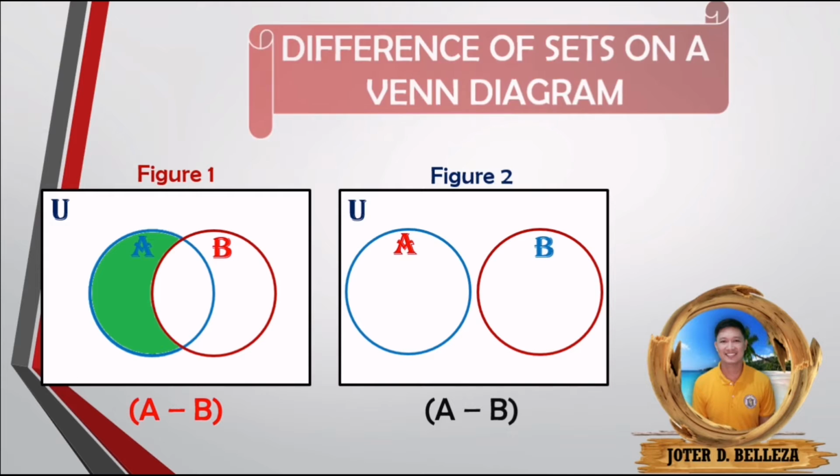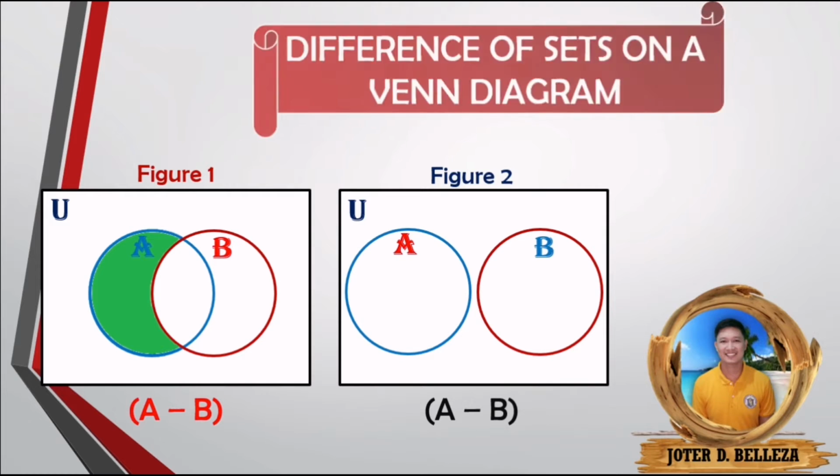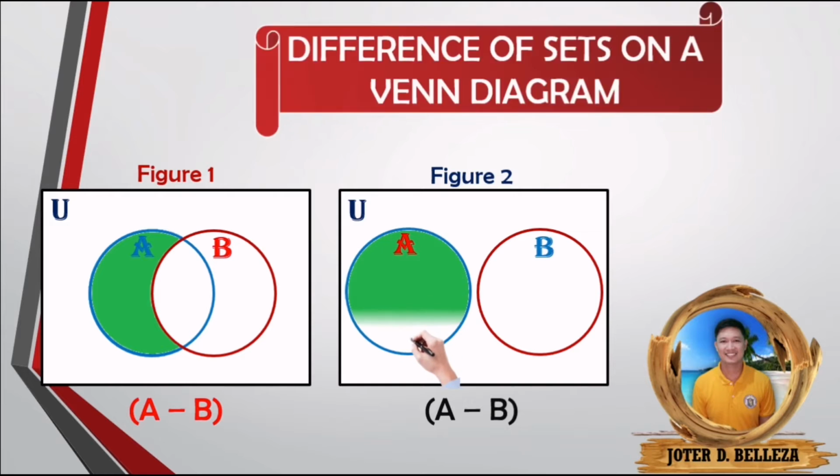To show their difference, all we have to do is to take away all elements of B that are also found in A. But since the two sets are disjoint, they don't have elements in common, so we have nothing to take away from A. So to show the difference of A and B, we just have to shade the circle that represents set A, just like this, meaning we are taking all the elements of A as the difference between A and B.